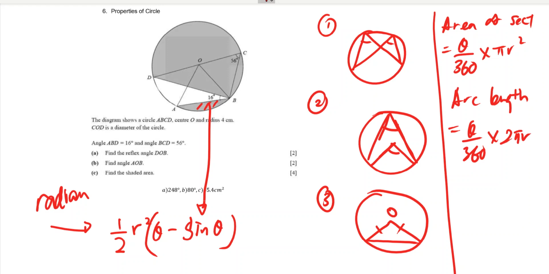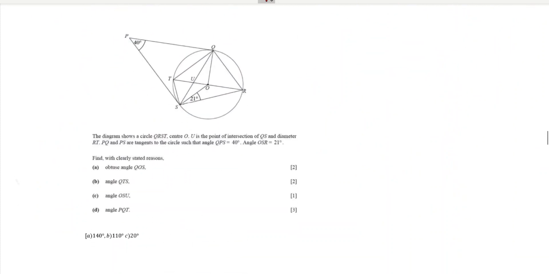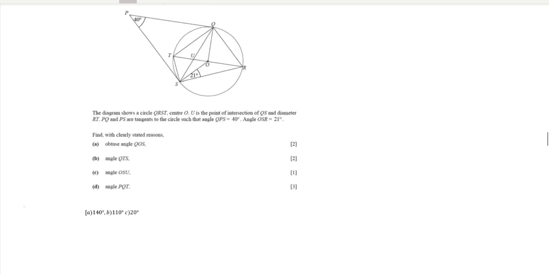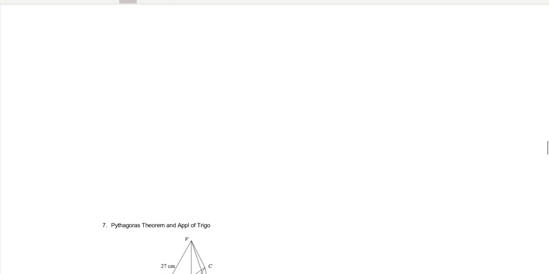Whereas if you need to find the area of this triangle OAB, it is still area of triangle, half AB sine C. So try this out. Next one, standard property of circle question. Try it, or get more practice from the tangent series.